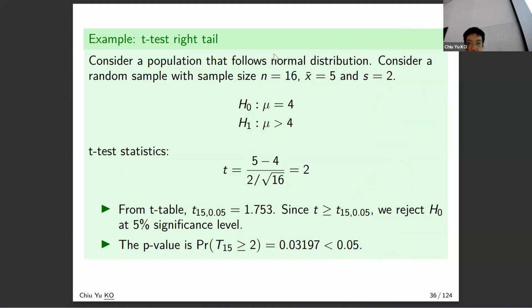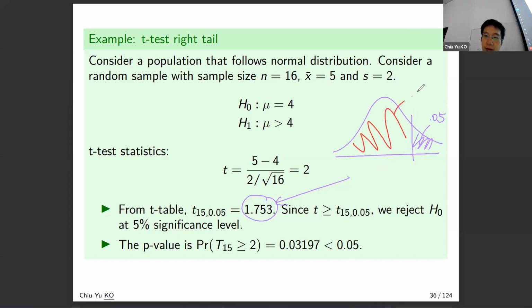How do you find 1.73? Of course, I use Excel to find this one first. Excel is very simple, right? Because I want this area to be 5%, that means the left-hand side is 0.95.